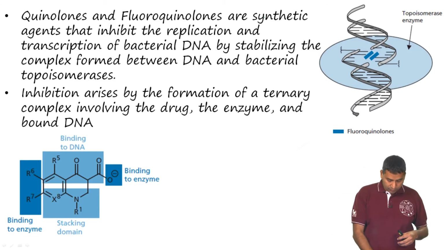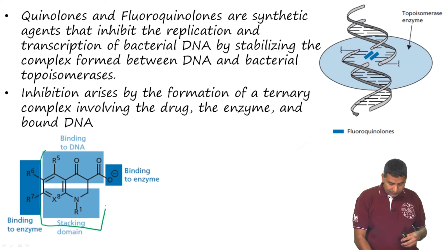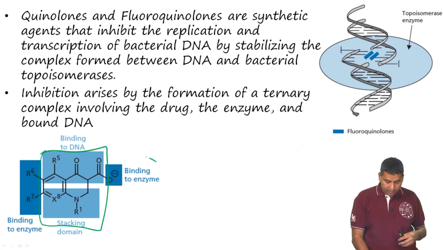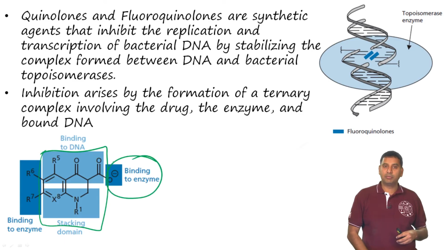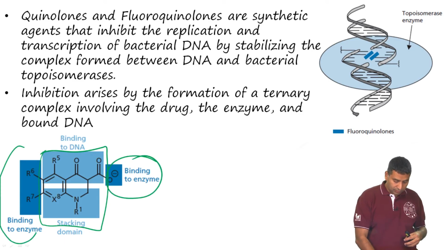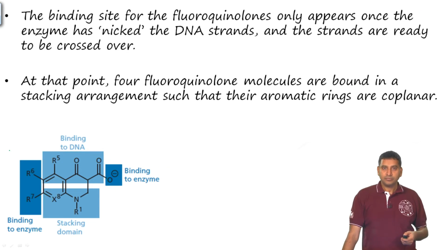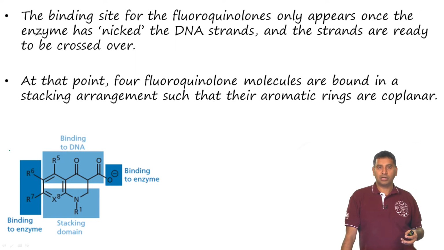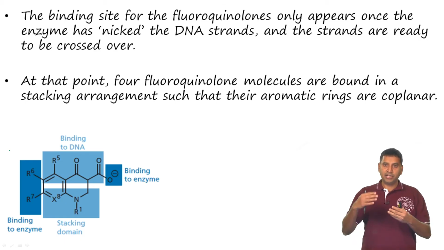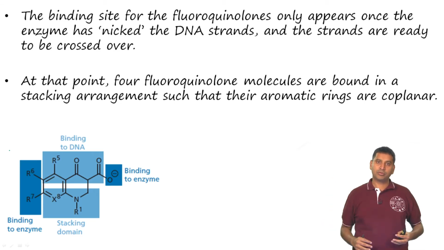So, here is the structure of the quinolone, and this is the area that binds to DNA, and it also stacks, it is a stacking domain. This is the functional group that binds to the enzyme, and this also binds to the enzyme. The binding site for the fluoroquinolone appears once the enzyme has nicked the DNA strand and the strands are ready to be crossed over.